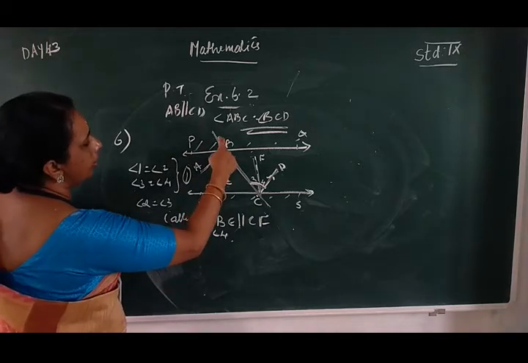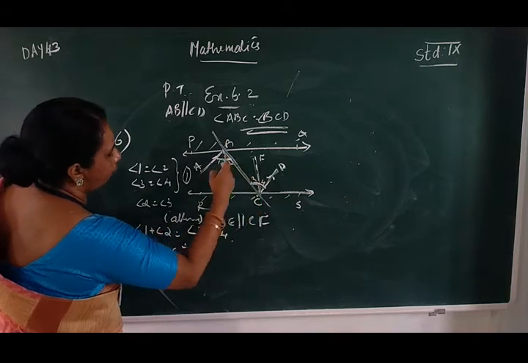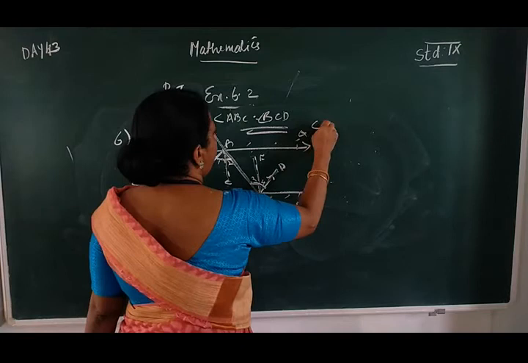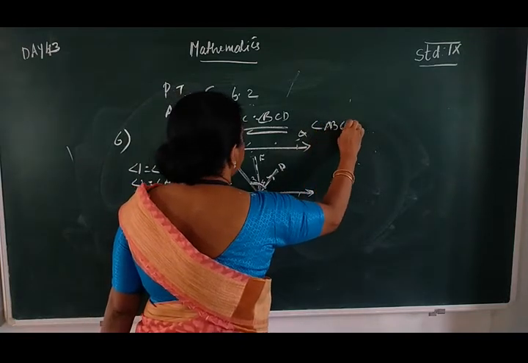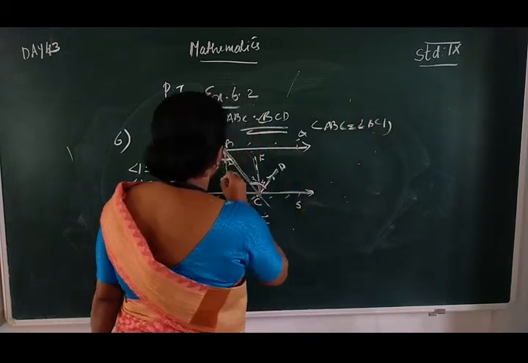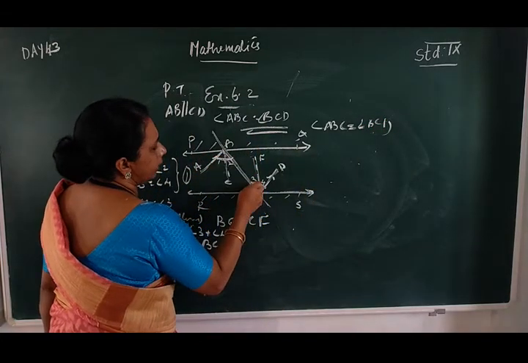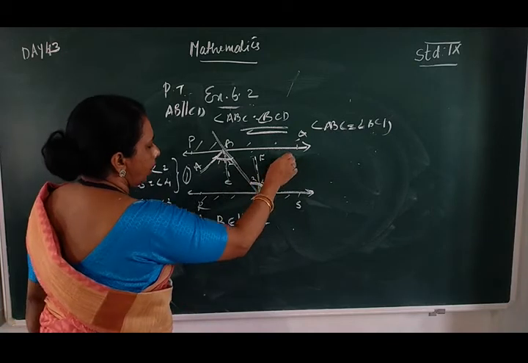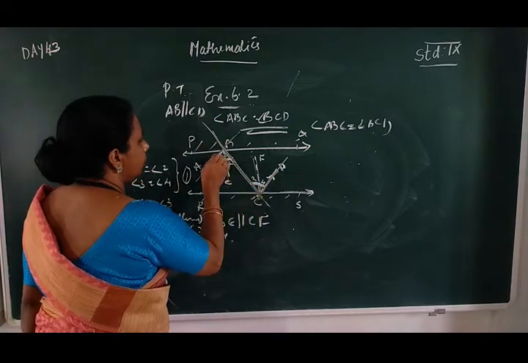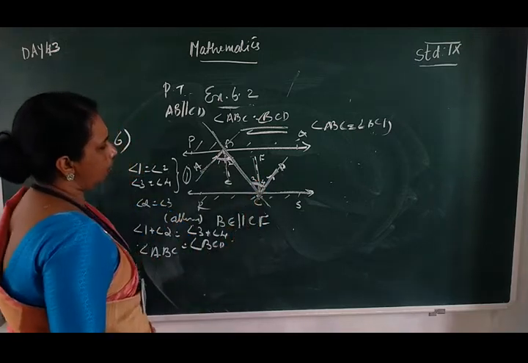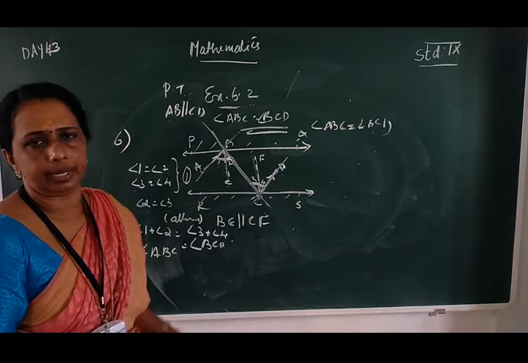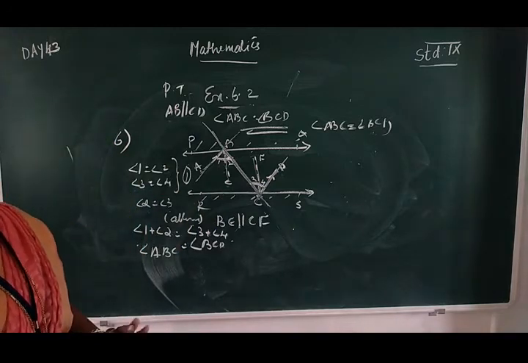What is angle 3 plus angle 4? Angle BCD. That is angle ABC is equal to angle BCD. These are alternate interior angles. These two are parallel lines and this is a transversal. Therefore, these two angles are equal. Therefore, we can say that AB parallel CD.